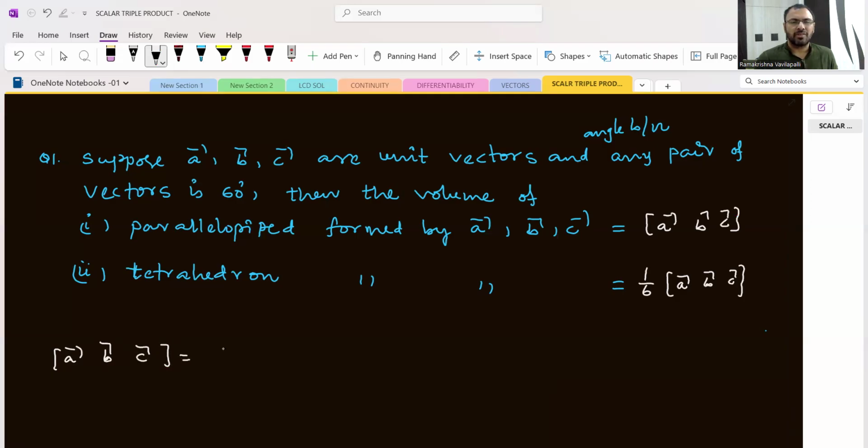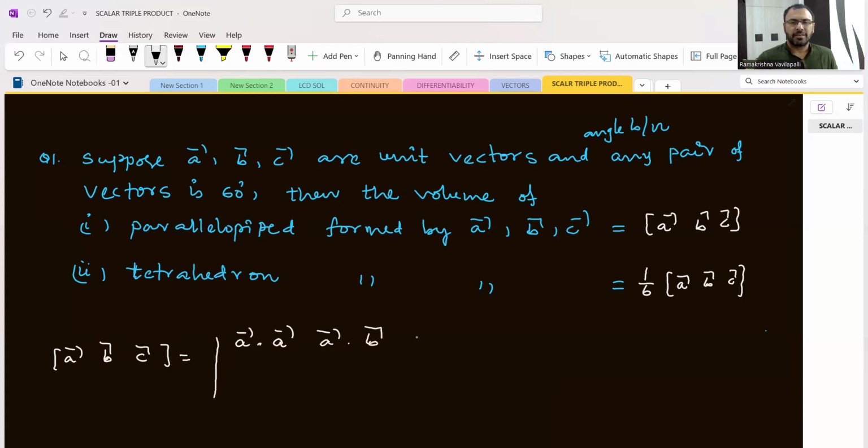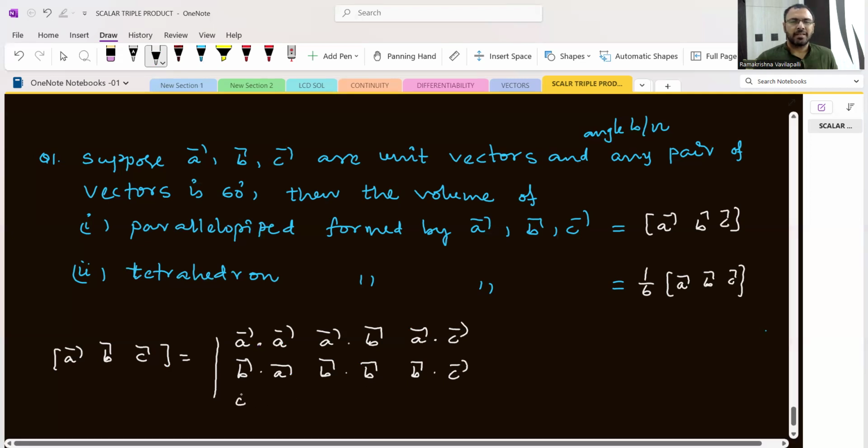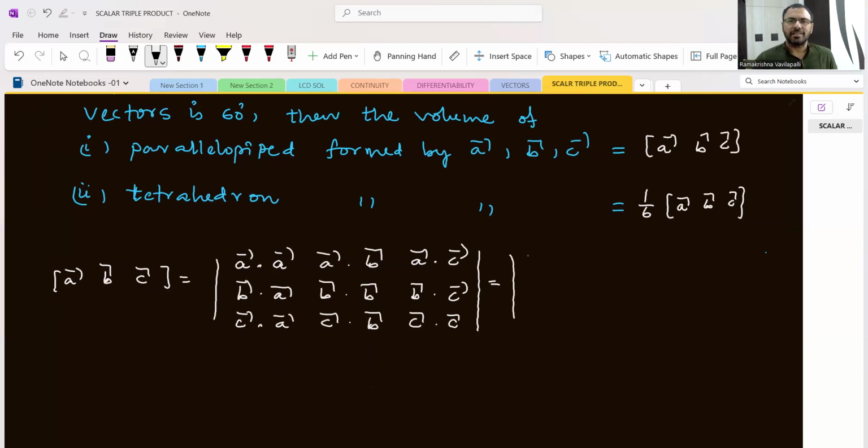Box ABC whole square is equal to the determinant of, remember, you take dot with all three vectors: A dot A, A dot B, A dot C; then B dot A, B dot B, B dot C; and finally C dot A, C dot B, and C dot C. Now, this is equal to the determinant of, as A bar, B bar, C bar are unit vectors, the diagonal is 1.